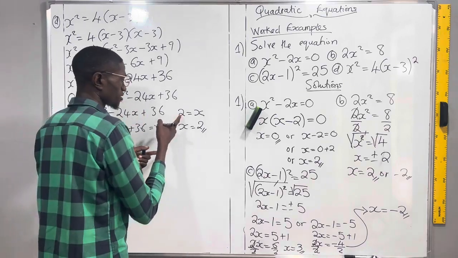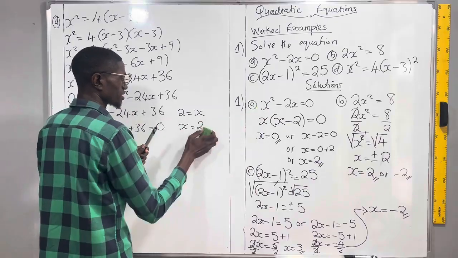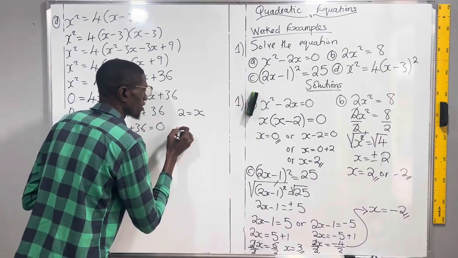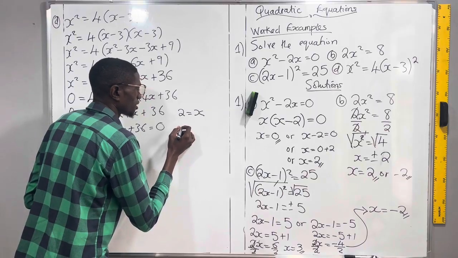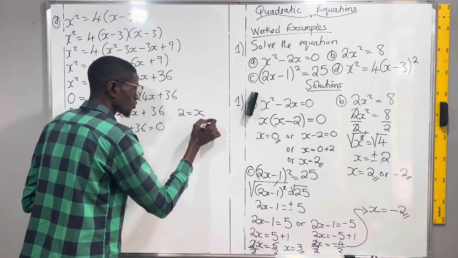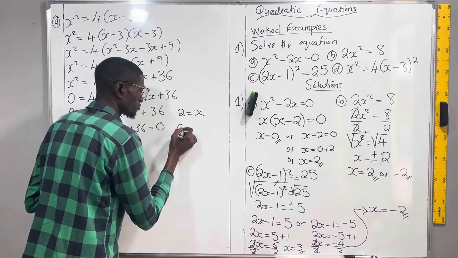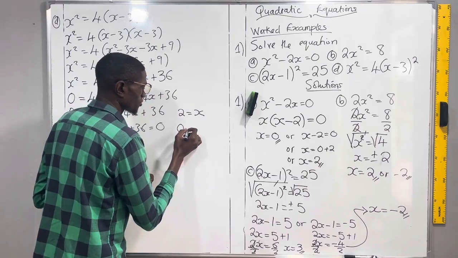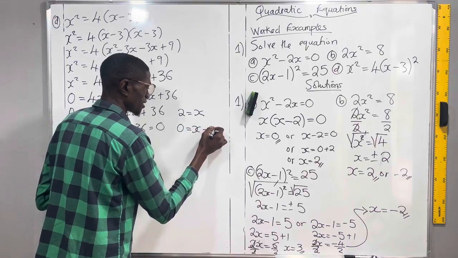Why? Because if we were to follow strictly the rule that these values switch, when these two cross, we're going to have x minus 2, right?